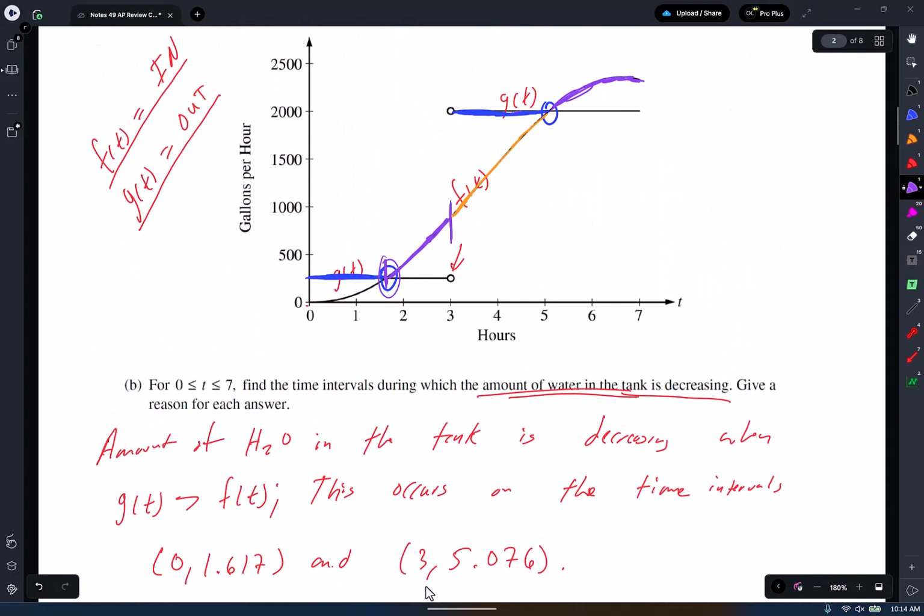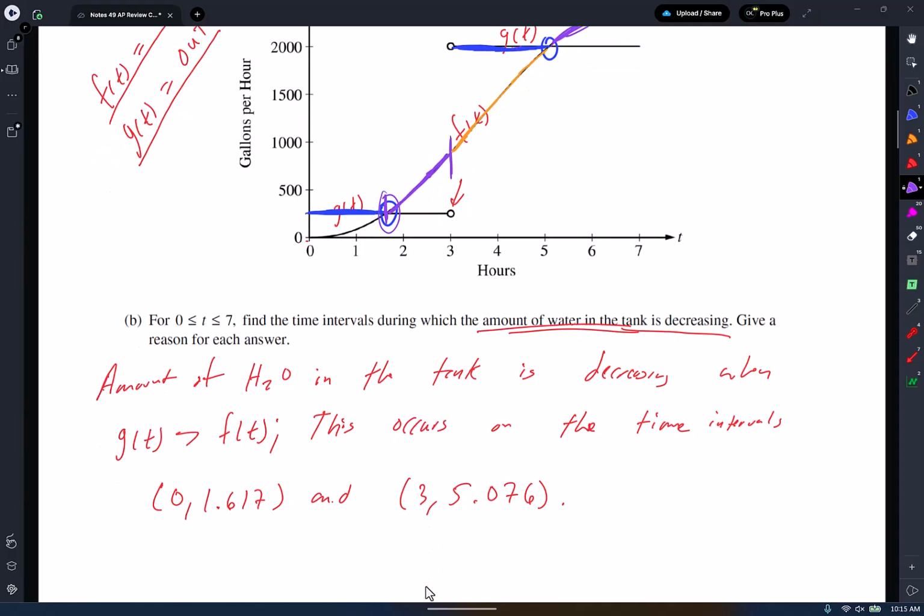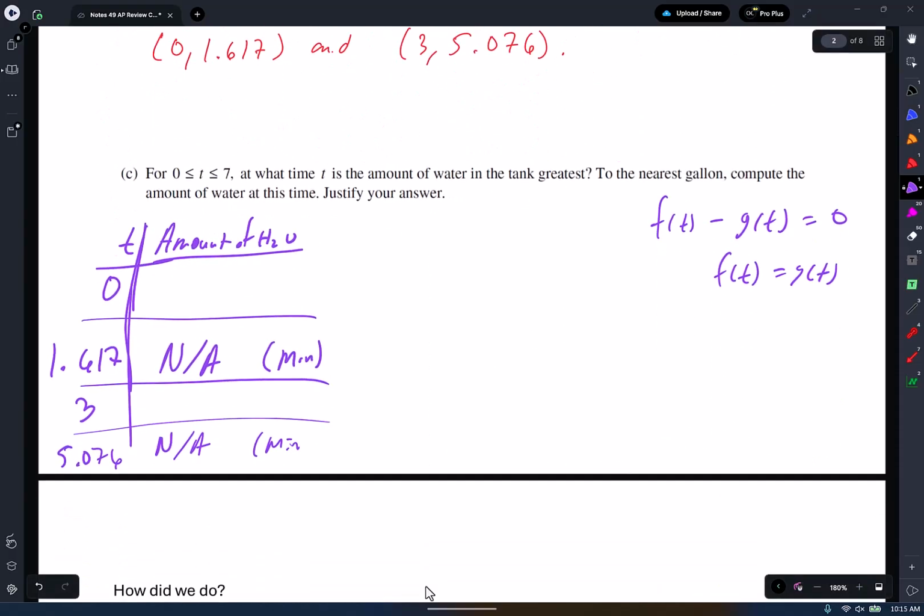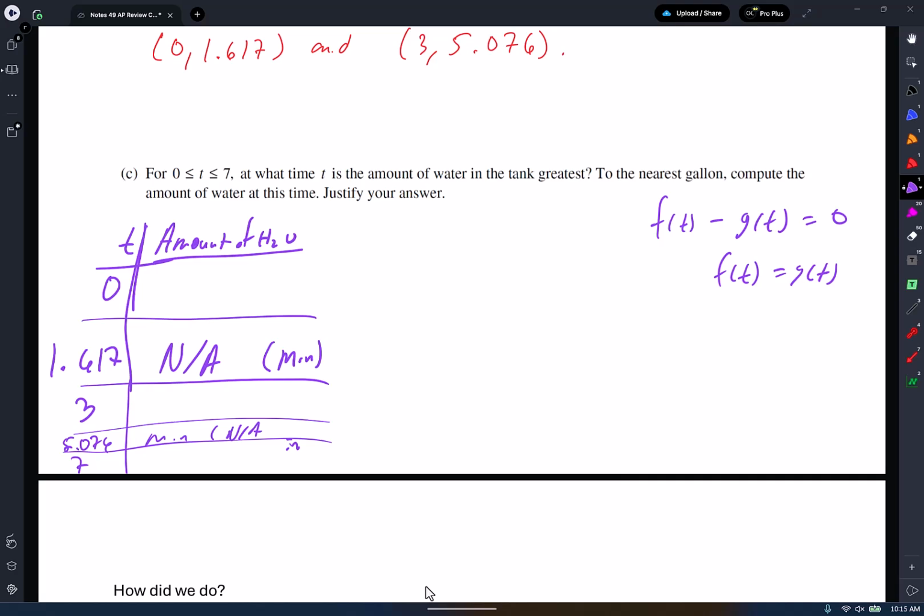And then finally, what's my last? 7? Oh man. Let me make this smaller. So they couldn't fit it. Min. What was it? 5 point whatever? 5.076. Okay, do you guys know what I'm doing?